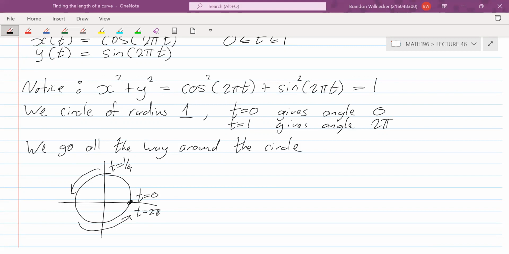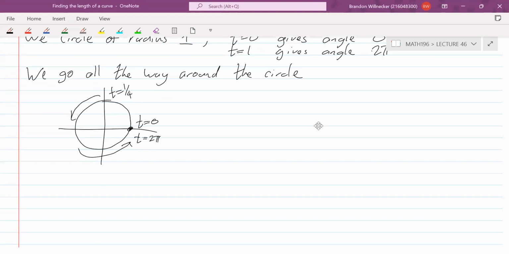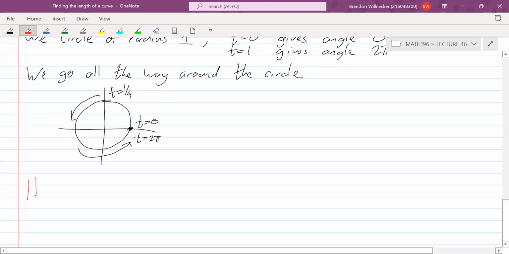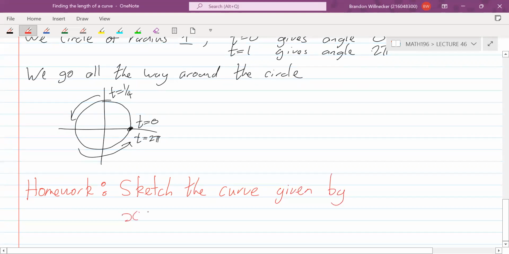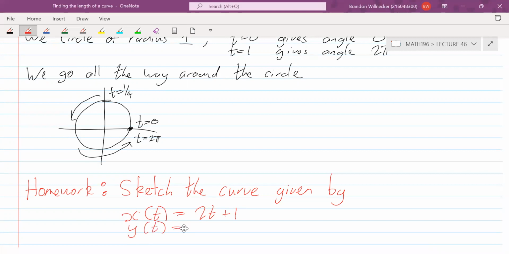And then another, well, let's leave this for homework. You can sketch this one. So sketch the curve given by x of t equals 2t plus 1, y of t is equal to t minus 2.